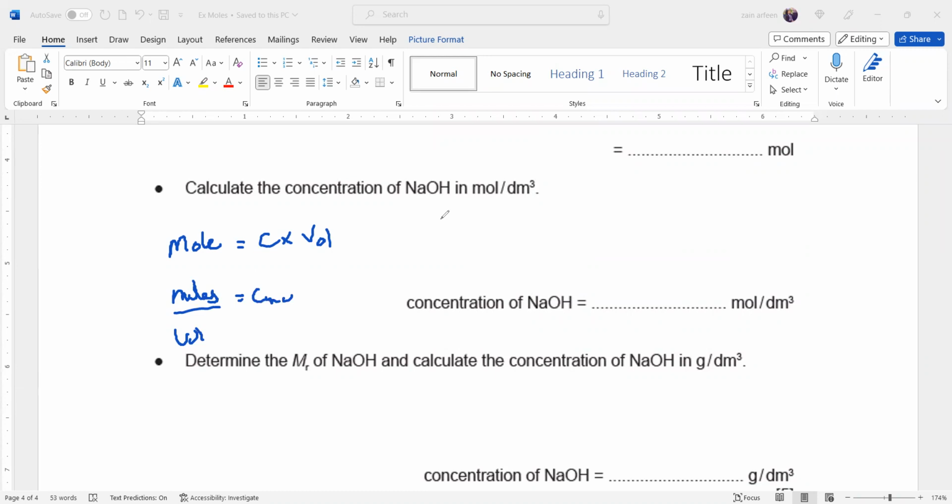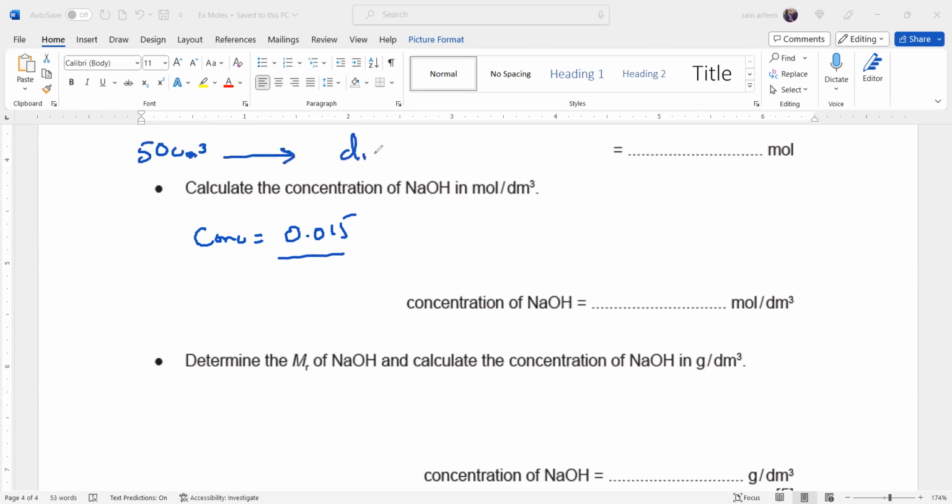So the concentration is moles, which are 0.015, divided by volume. What was the volume? The volume was 50 cm cube. But when we substitute, we want to convert into dm cube. So to convert centimeter cube to decimeter cube, we have to divide by 1000. So 50 divided by 1000 will be 0.05.